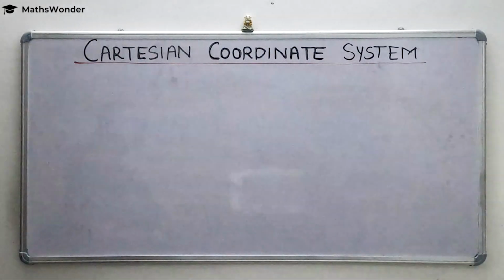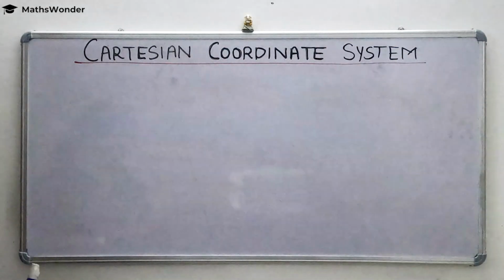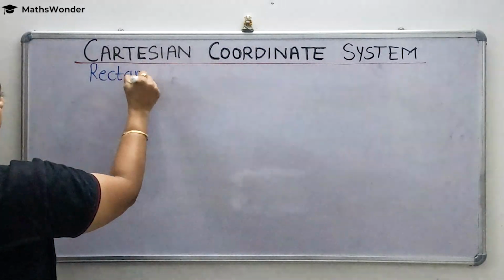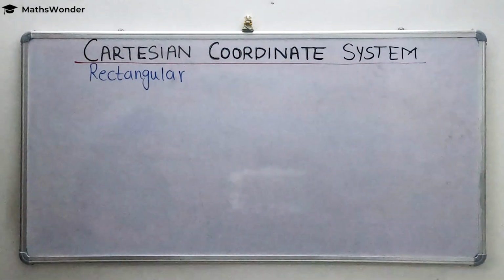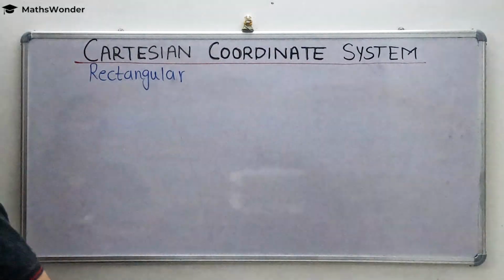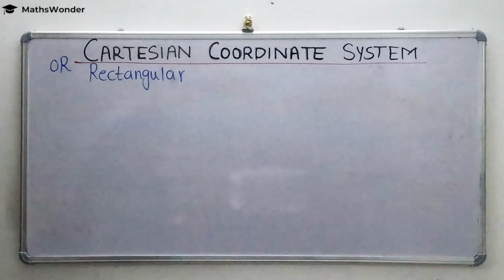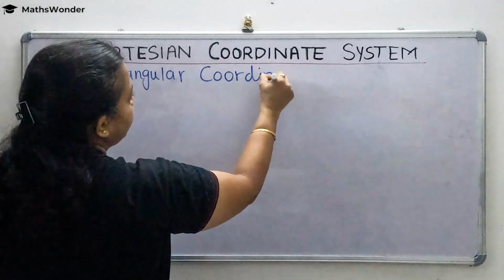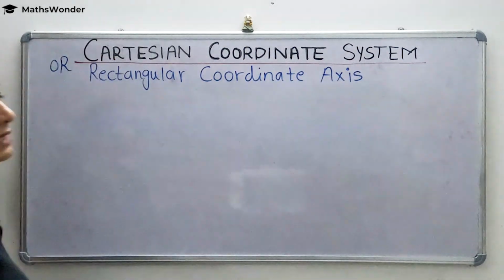Now, this is the Cartesian coordinate system. What is this? Cartesian or rectangular is the same. Cartesian or rectangular coordinate axis, you can say. What does this mean?